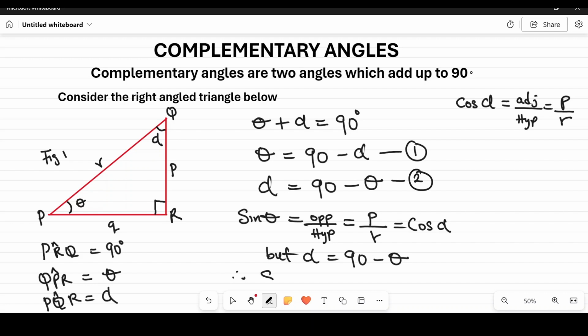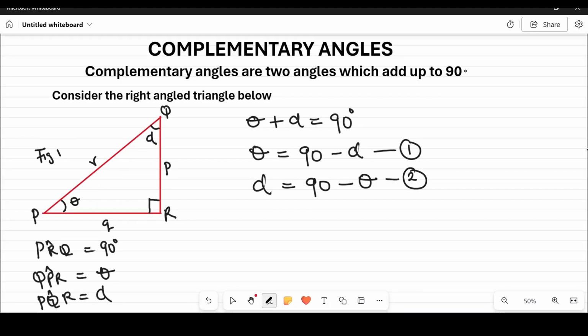So therefore, sine theta is equal to cos of 90 minus theta. Equation 3. Also, cos theta is equal to adjacent divided by the hypotenuse, and our adjacent side is given as Q and our hypotenuse is given as R. This is also equal to sine alpha.